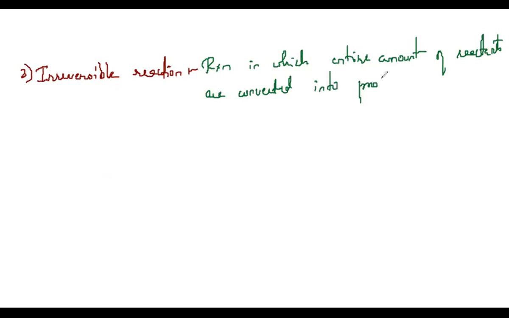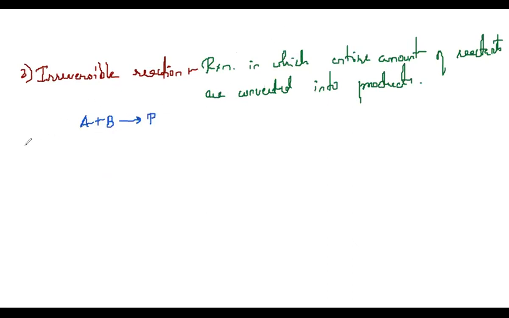That means there is no way that products may get converted back to reactants. So when I show an irreversible reaction, I write it like this: A plus B gives me product. Yes, the entire amount of reactant gets converted to product.